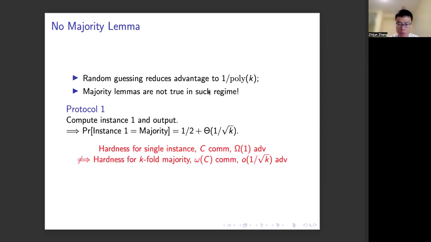Or in terms of hardness, if we know it's hard to compute a single instance with some computation and constant advantage, we cannot get the hardness for the K-fold majority with roughly the same computation and 1 over root K advantage. So we don't have this majority lemma.